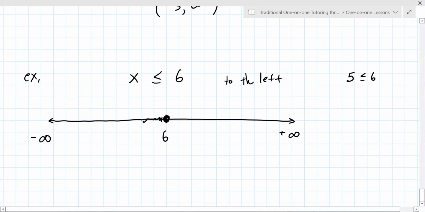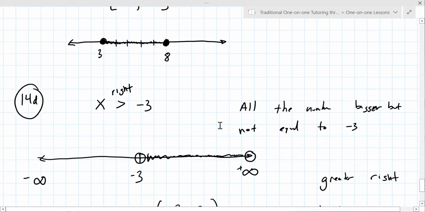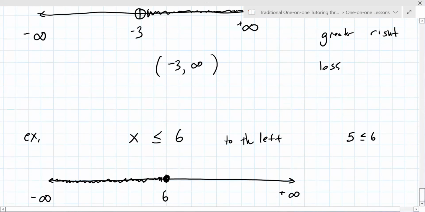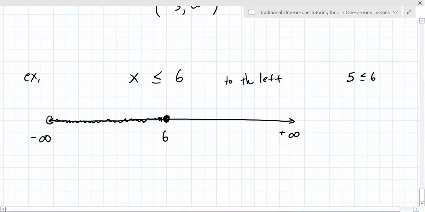Now, here's one of those exceptions in math. Infinities, whether they're positive or negative, always go with the parentheses. And the reason, if you care to know, is that infinity is like a destination. You never actually get there. So that's why it's a dot that's not filled in.